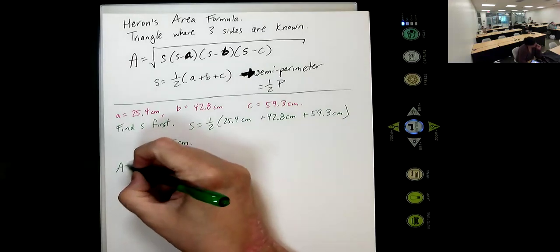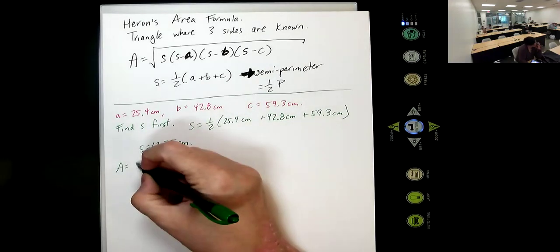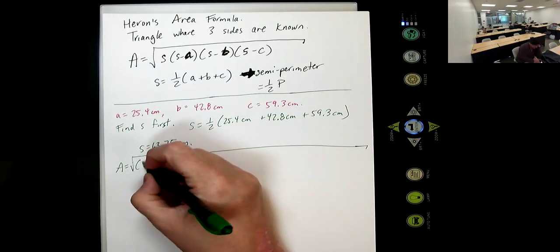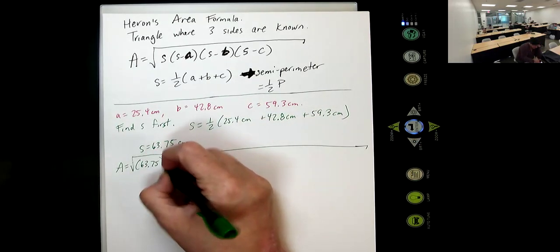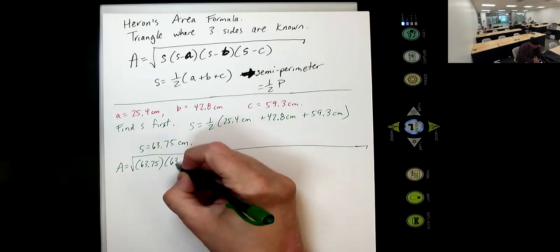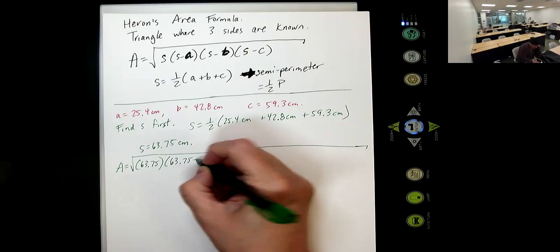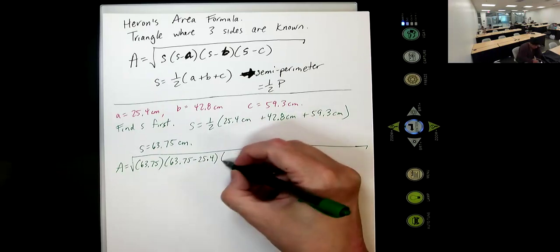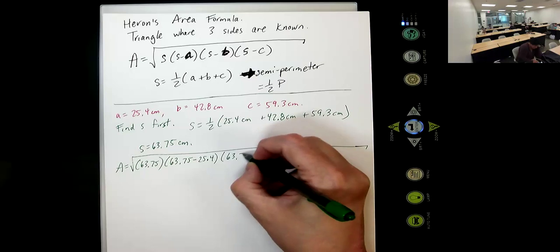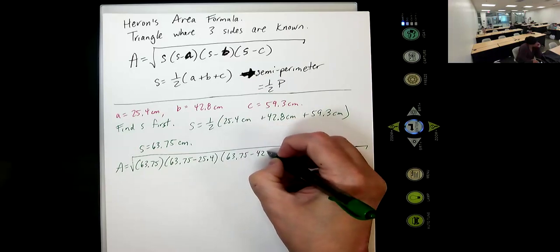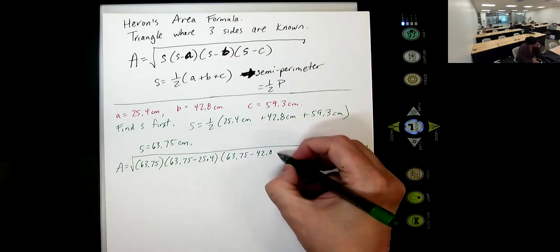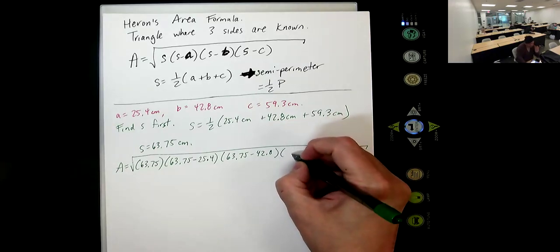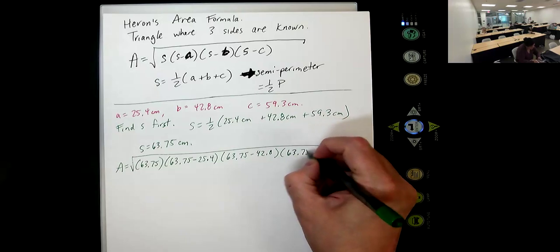So area is square root of 63.75 times 63.75 minus A, which is 25.4, times 63.75 minus B, and then 63.75 minus C.